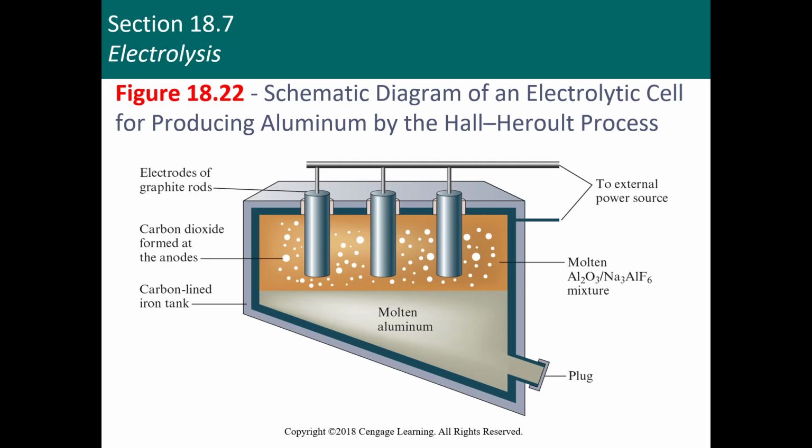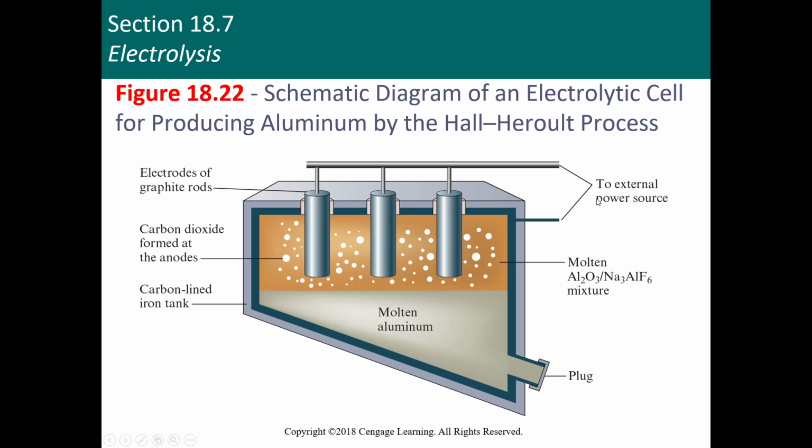Alright, so right here we see the schematic diagram of an electrolytic cell for producing aluminum by the Hall-Héroult process. Excuse me, I don't know why I keep mispronouncing everything tonight. Anyways, this diagram shows you the molten aluminum oxide with this mixture here.